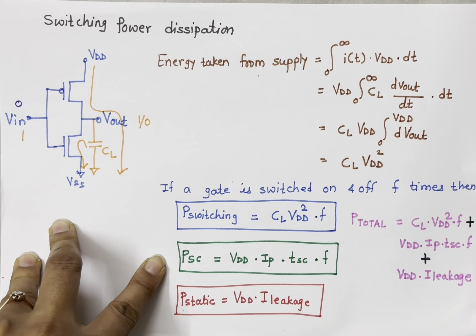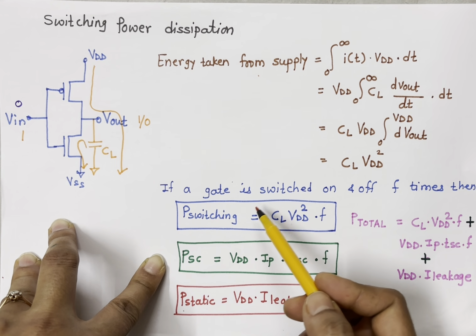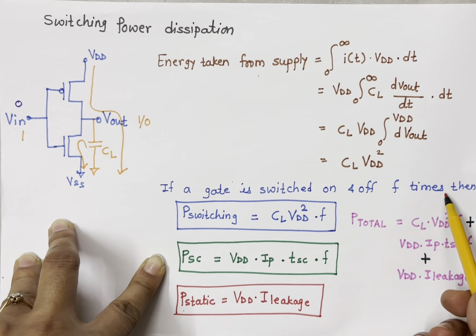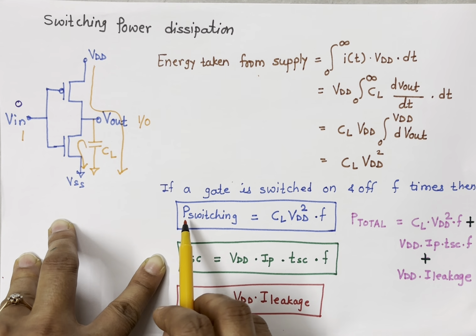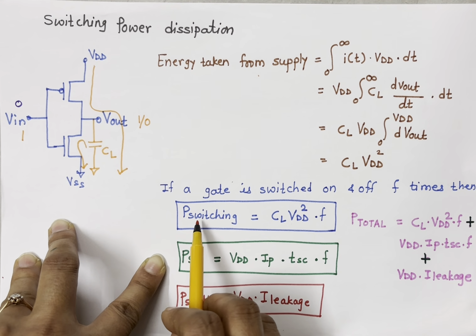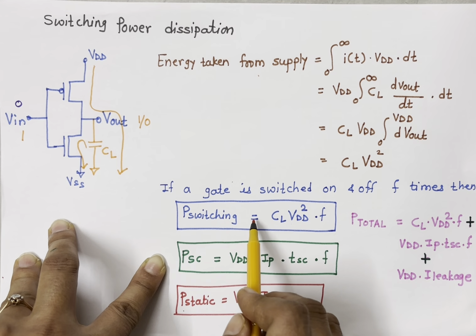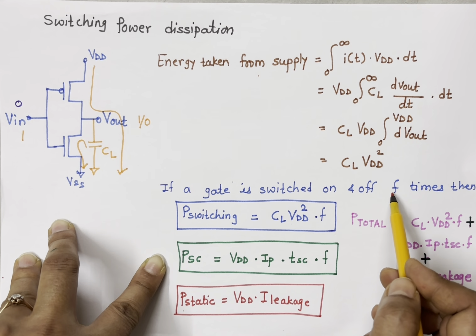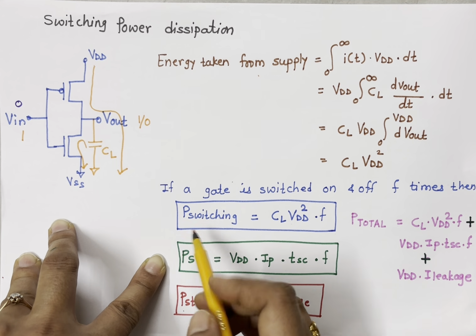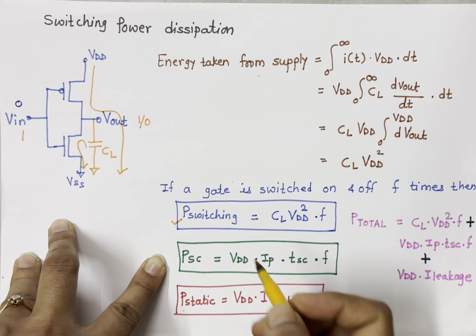But if a gate is switched on and off F number of times, then we can write power dissipation because of switching as P switching equals CL VDD squared into F. So this is switching power dissipation.